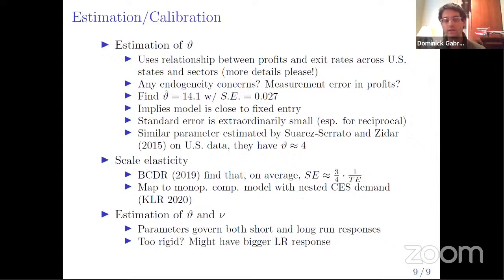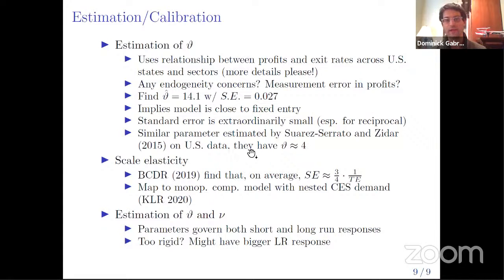And the last thing that I'll say is that the estimate of epsilon, which is 14, means the elasticity is 1 over 14, and implies that the model is quite close to a fixed entry model.